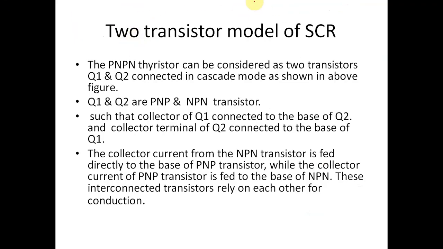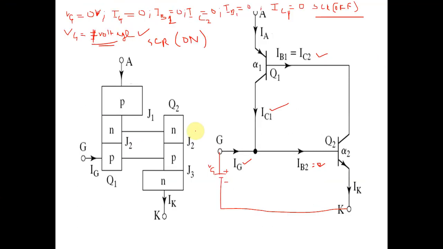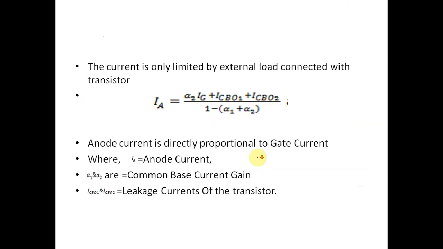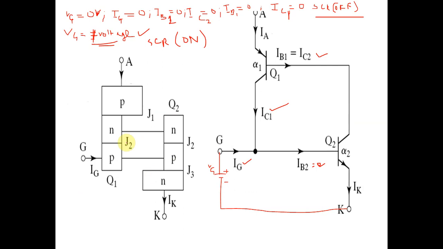Now this is the construction of the two transistor model of SCR. We already studied this construction. The PNPN thyristor can be considered as two transistors Q1 and Q2 connected in cascade, as shown in the figure.